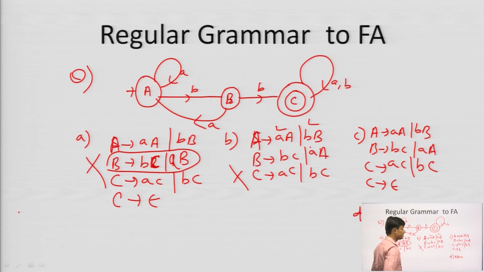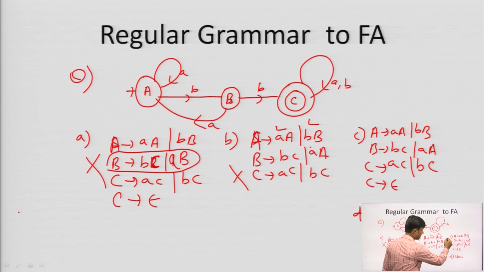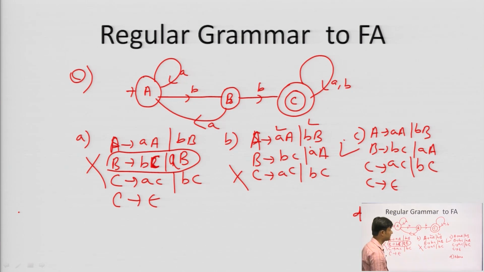Now you can check A to AA, B to BC, A to AC, and every production here is right, and also C to epsilon. So, this option C is the correct one.